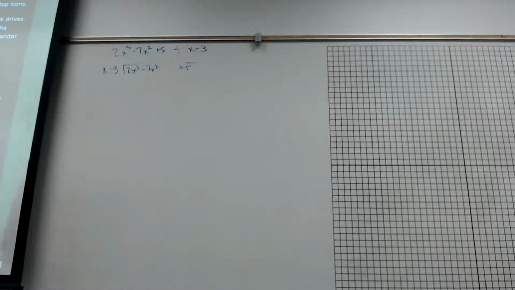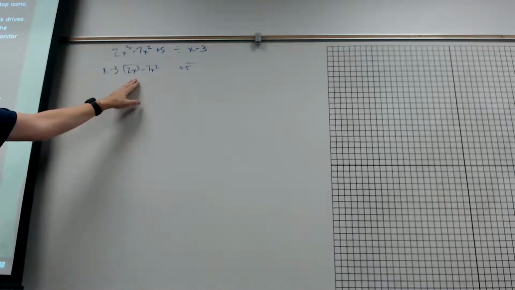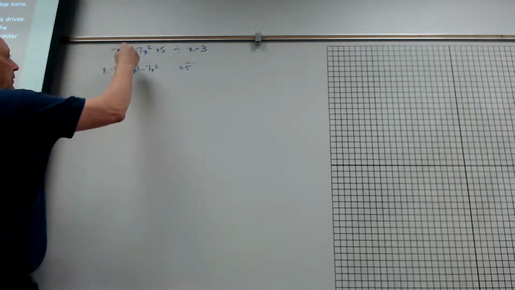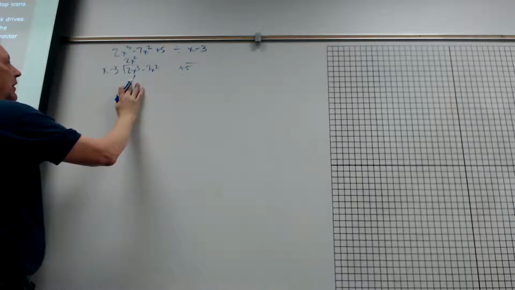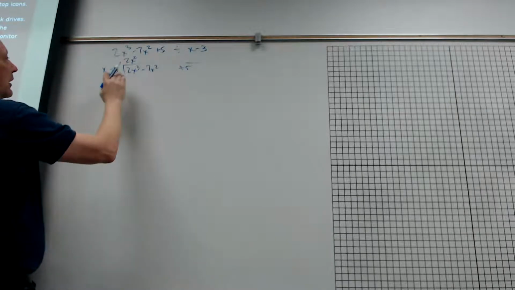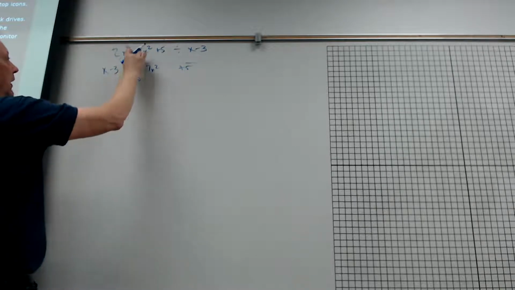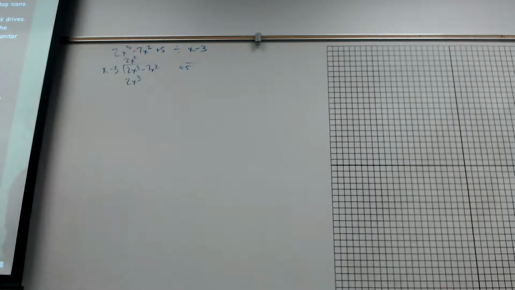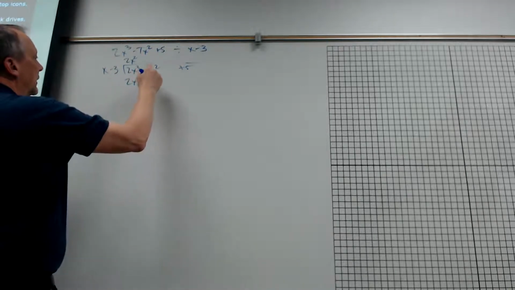X times what is 2x cubed? 2x squared. 2x squared times x is 2x cubed. 2x squared times negative 3 is negative 6x squared.